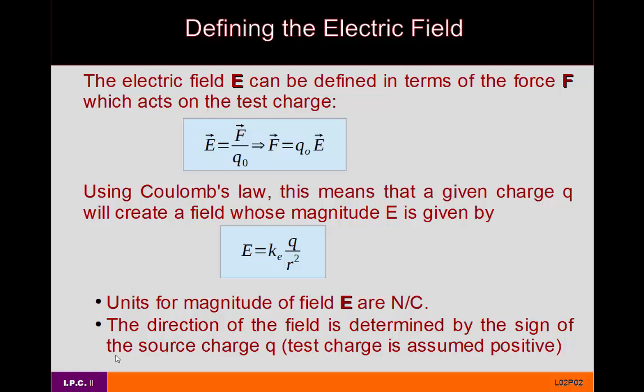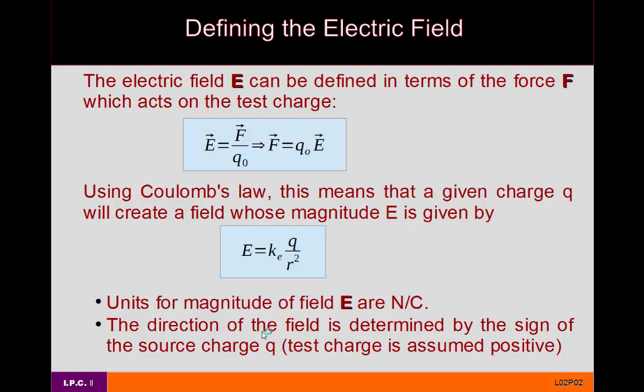As for the direction of the field, the field is what's called a vector field. It means there are vectors. The electric field at a given position has a vector value, magnitude plus direction. The direction is going to be determined by the sign of the source charge. We'll look at that in a moment.